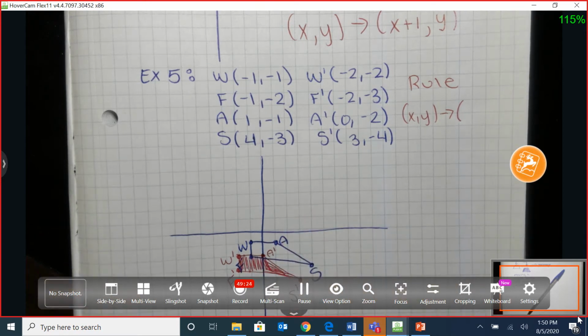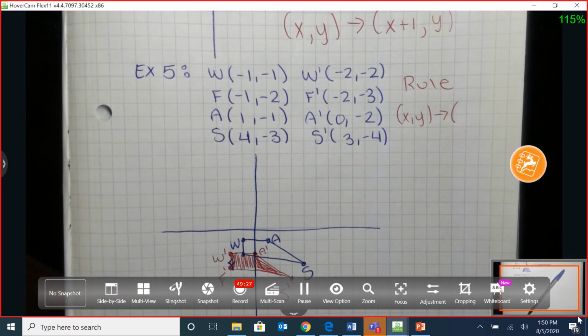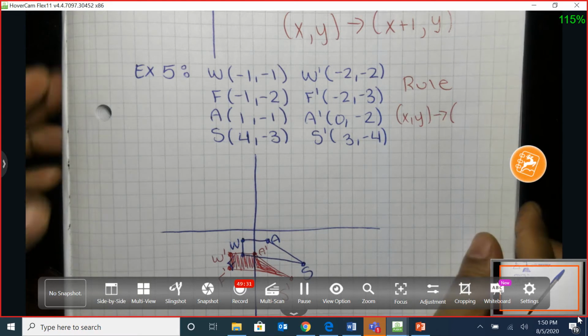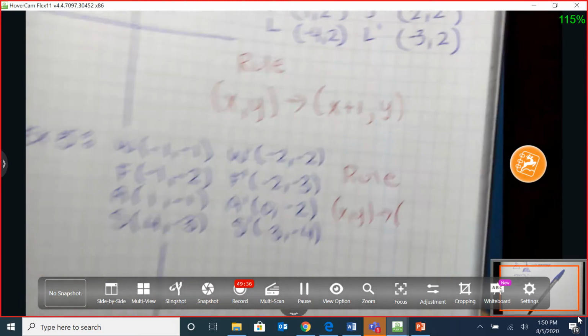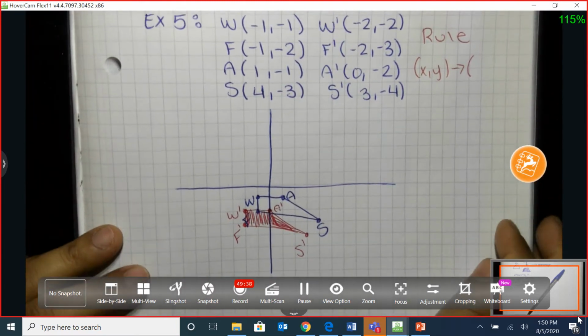Okay, let me know once you're done with graphing. If you can find the rule and figure out how many units it went left or right, up and down, that would be great.